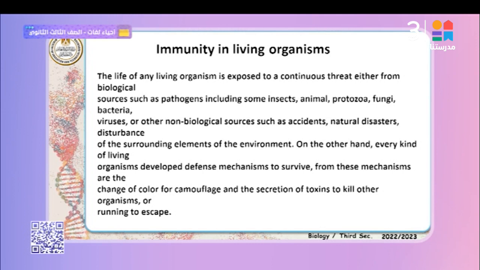On the other hand, every kind of living organism develops defense mechanisms to survive, whether against biological or non-biological sources. One mechanism is the changing of colors, for example camouflage in chameleons, which use camouflage to hide from dangerous enemies, and secretion of toxic substances or toxins to kill other organisms, or running to escape.